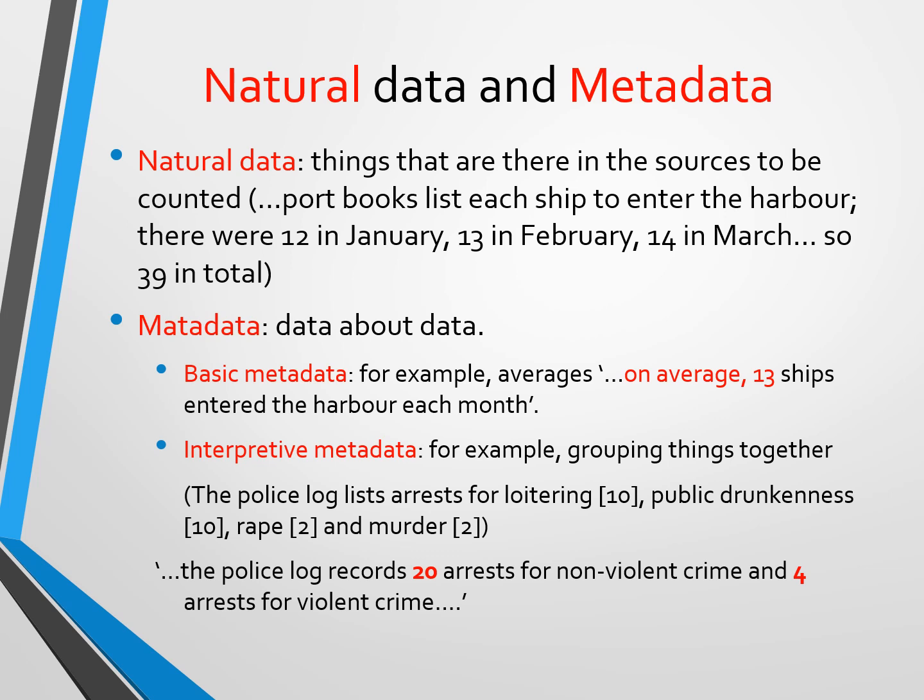Now, what's happened here is that loitering, which is when you stand around creating a nuisance of yourself, has been put together with public drunkenness for a total of 20, because we've interpreted both public drunkenness and loitering as non-violent. But of course, rape and murder, we've counted both of those as violent. So we've created these two categories.